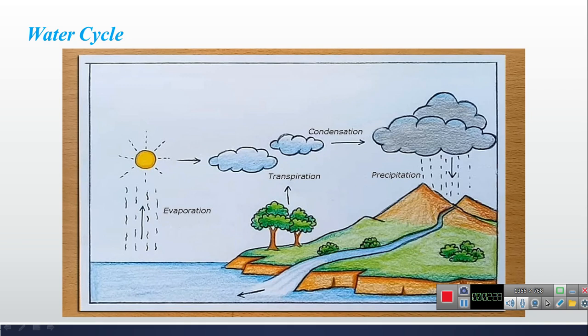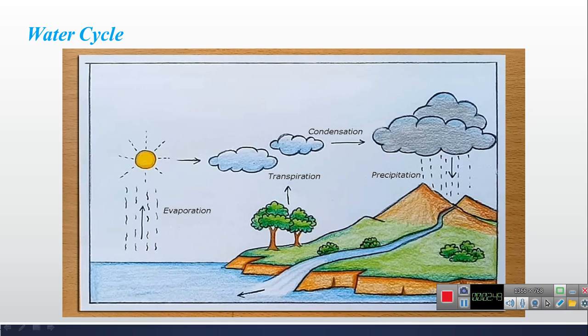The cloud is made up of tiny water droplets that form a cloud growing larger and larger. This process is called condensation. Then the heavy cloud cannot stay in the atmosphere.